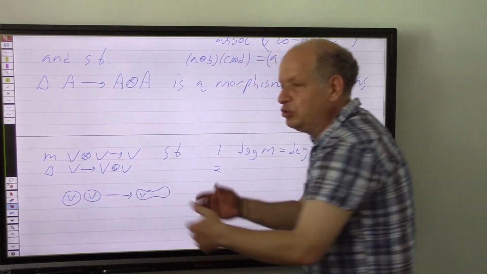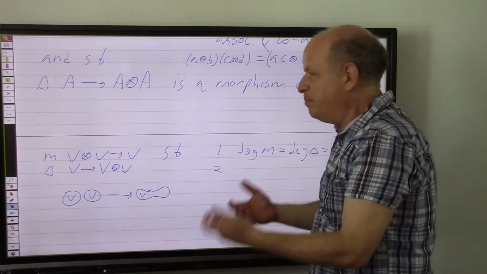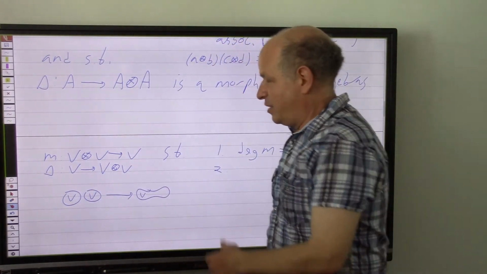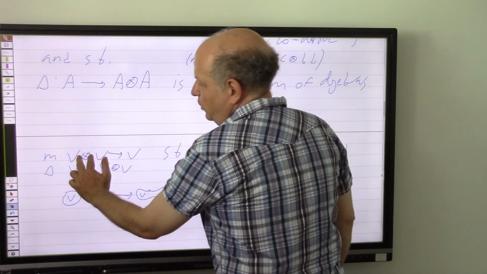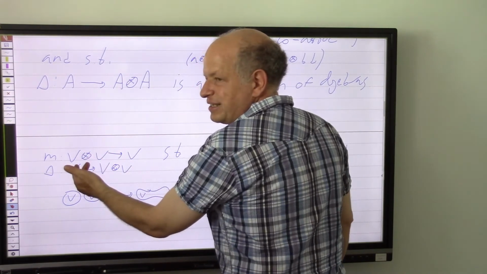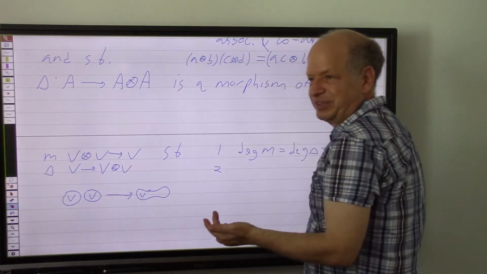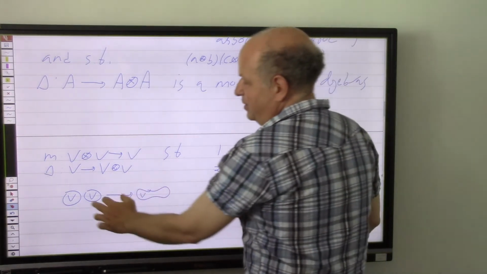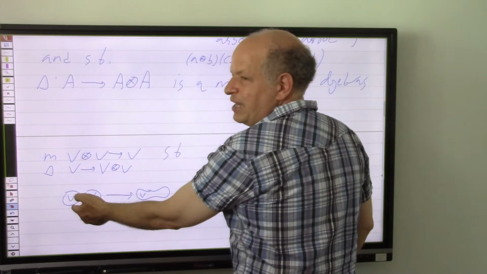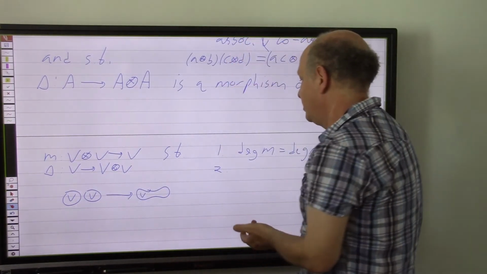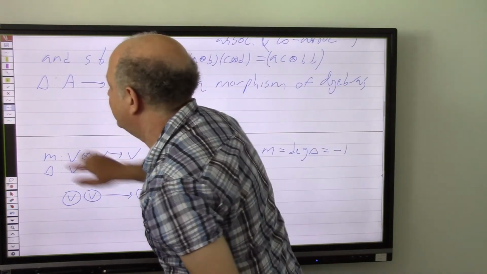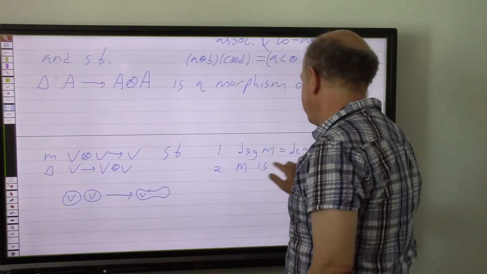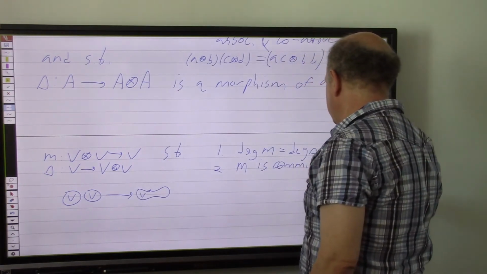If I want to use M and get a meaningful map from V tensor V into V, then M must be such that if I flip the two inputs, I still get the same output. So the second condition is that if I flip the two inputs of M, the output is the same. But this is exactly the commutativity diagram for M. So M is commutative.